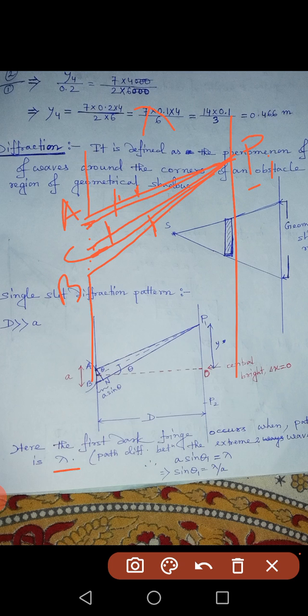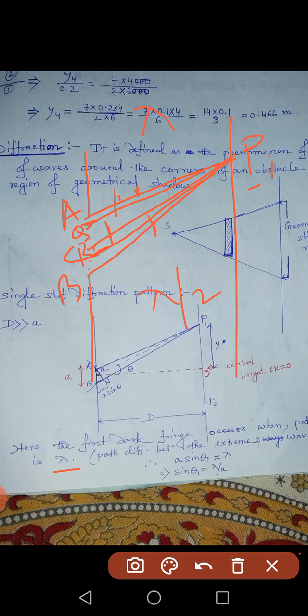If the path difference between AP and CP is lambda by 2, for one point below A and one point below C, the path difference will remain the same, lambda by 2. I am giving another name here, suppose Q, and this is R.